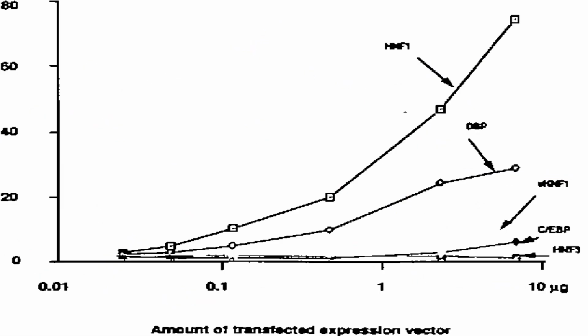HNF1 and DBP are strong activators of aldolase B, which means the gene expression will be increased. HNF3 competitively inhibits HNF1 and non-competitively inhibits DBP.